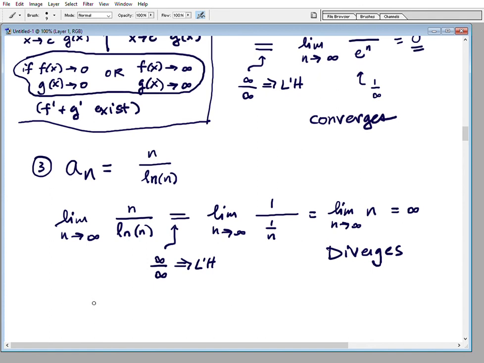So that's again a typical L'Hopital. And there we have an example of something that diverges. Oh, this is an example that I like. Minus 1 to the n. Let's just write out what it is.